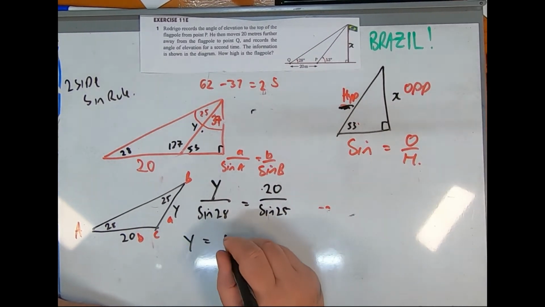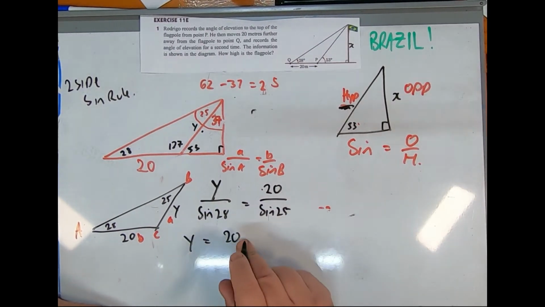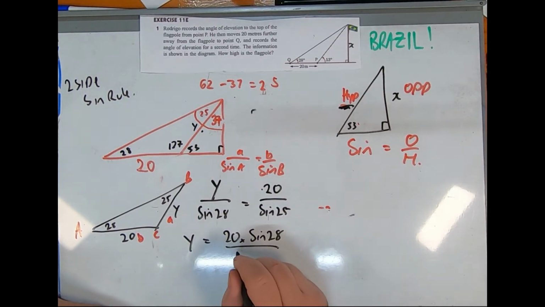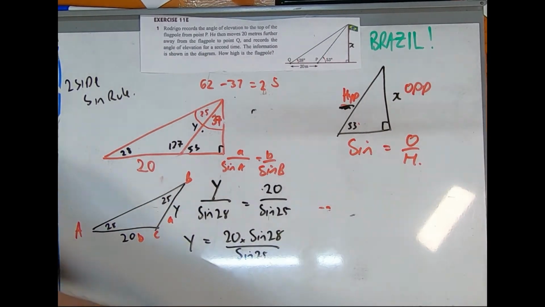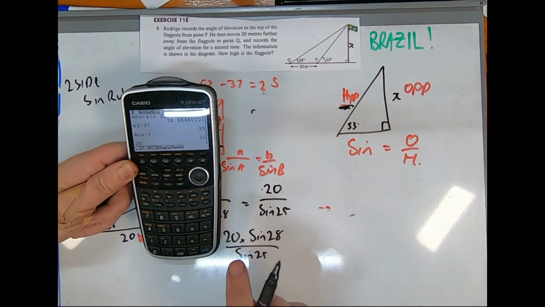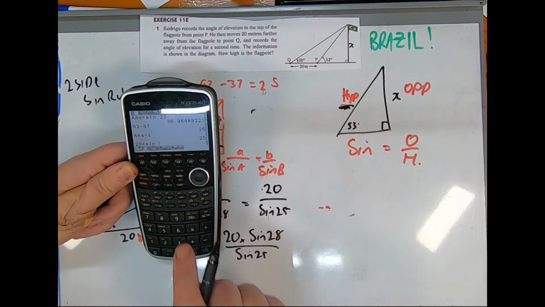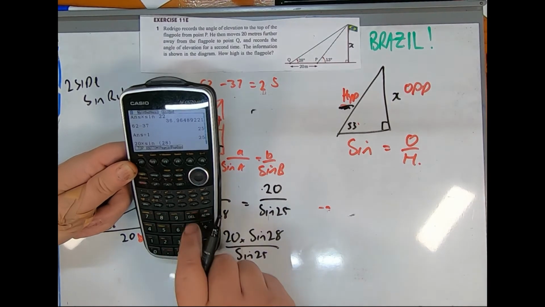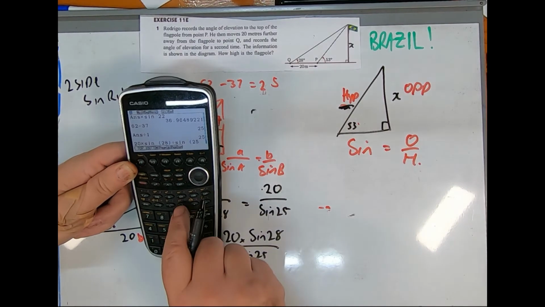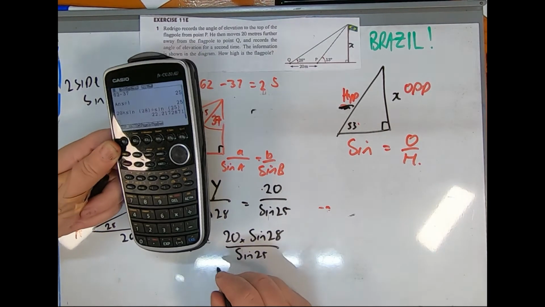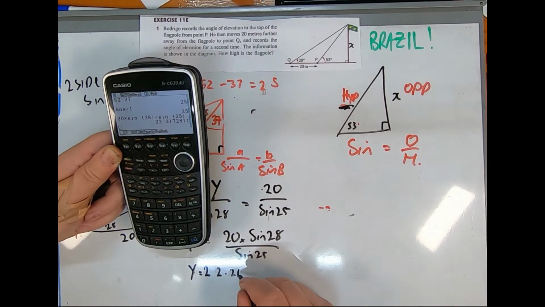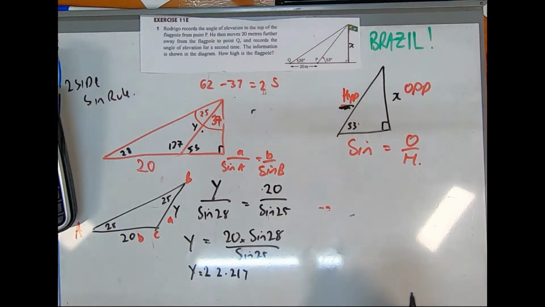So Y is 20 times sin 28, divided by sin 25. 20 times sin 28 divided by sin 25. Y equals 22.21, not degrees because it's a length.